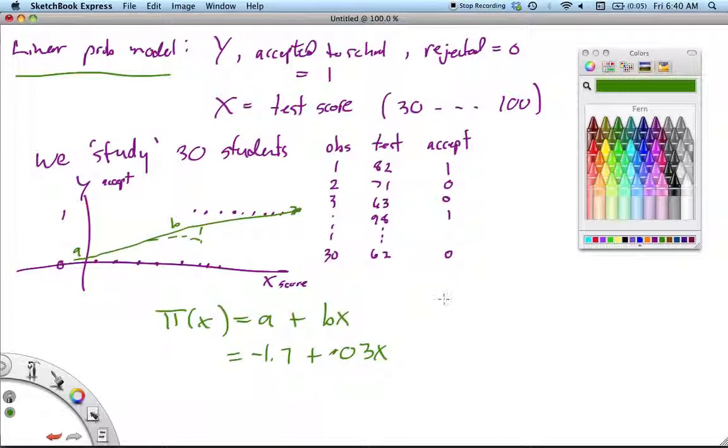Okay, so here's the cool thing now. Now that I have this, I can input any test score and get at least an estimate for what I think the probability is going to be of getting accepted or not. So let's try that.